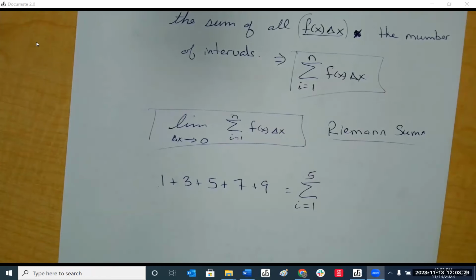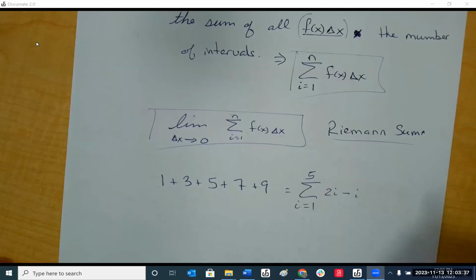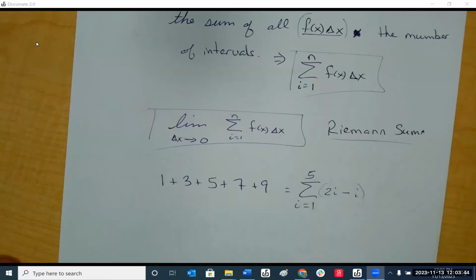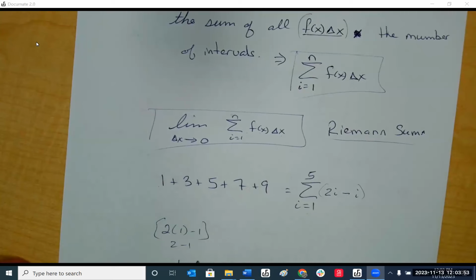So, for example, 2i minus i. So the first one is 2 times 1 minus 1. 2 minus 1 is 1. Check.